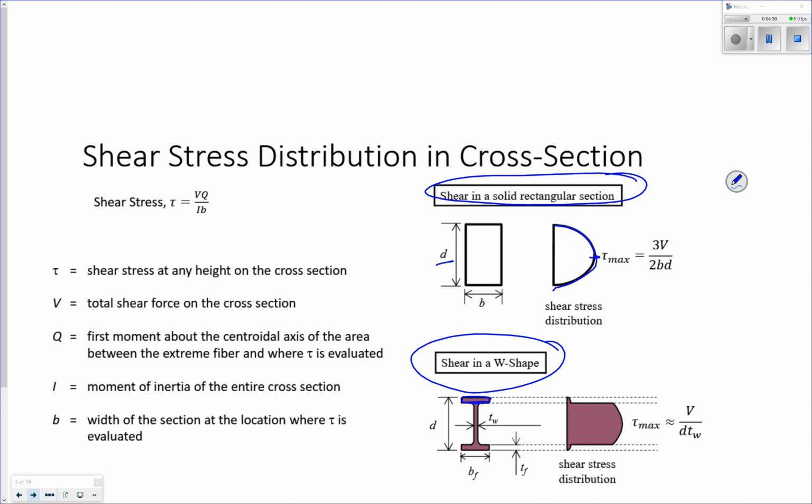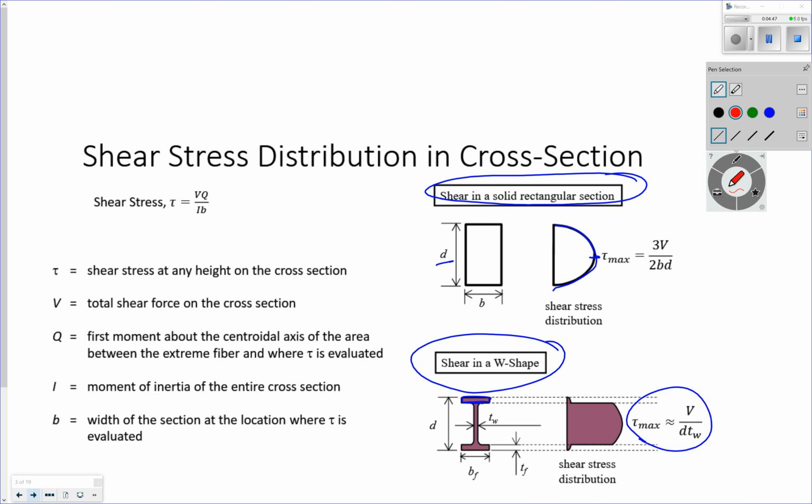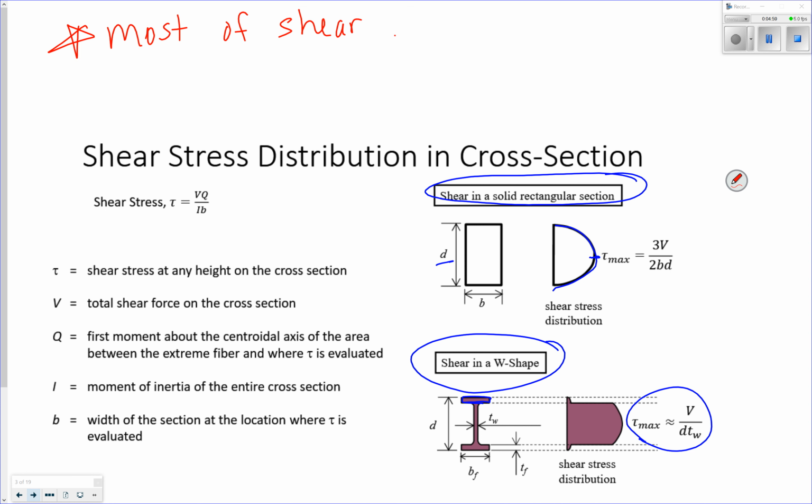And you can see here's the equation for your shear stress. It's essentially the shear force, V, divided by the depth of your section and the width of your web. So most of your shear force is carried by the web.